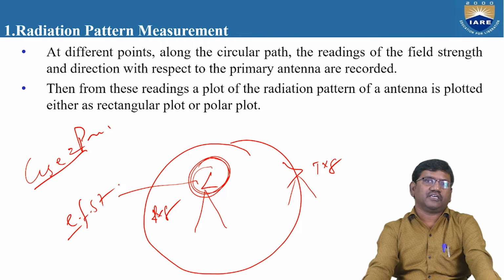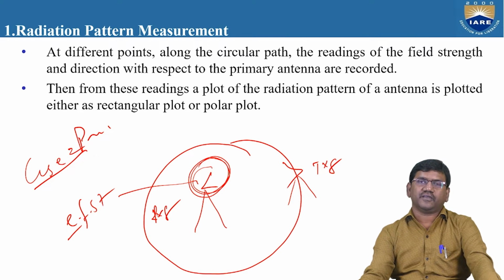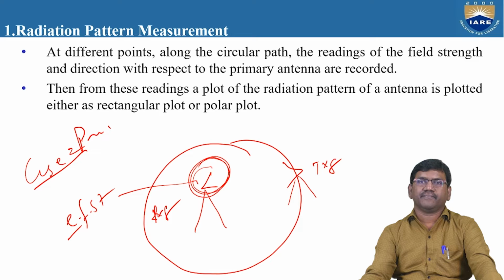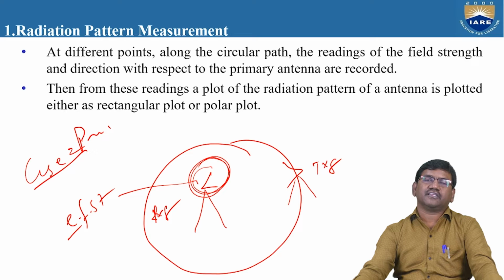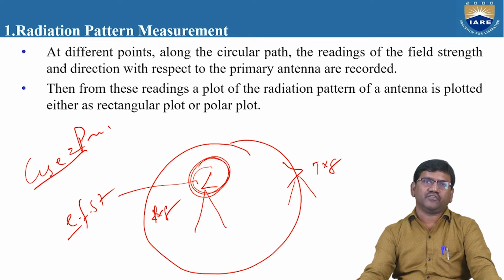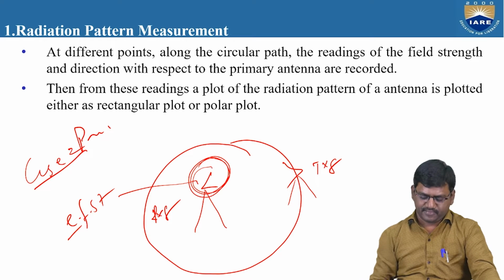After recording all the field strength points, based upon the points, we need to find out at which direction the field strength is maximum, at which direction it is minimum, and in which direction the electric field strength is uniform. Whichever direction the electric field strength is maximum and uniform, all those points are considered to draw the radiation pattern.